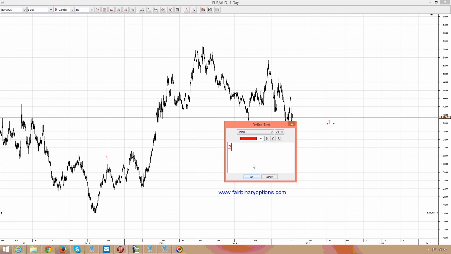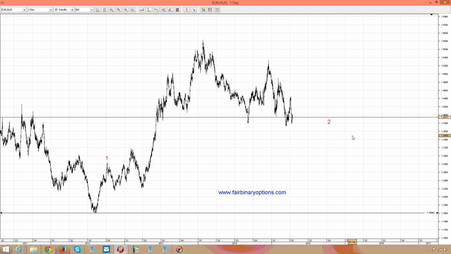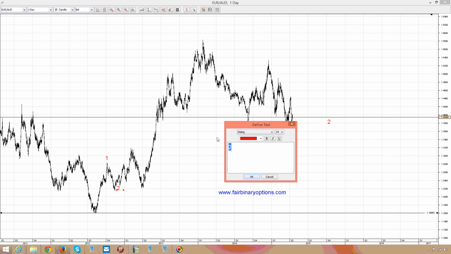I don't know if it is corrected yet, or finished yet. But what I would like to do here is to label this whole pattern with the following structure. This is the first corrective wave, namely a flat. So this is being called a flat pattern.